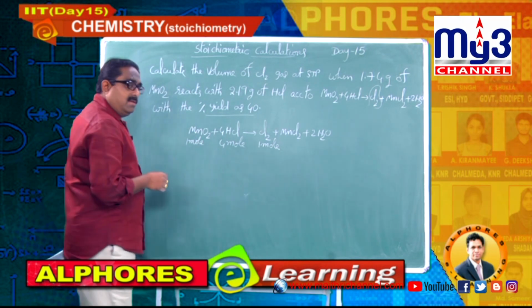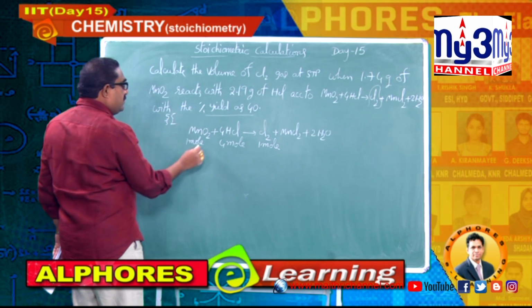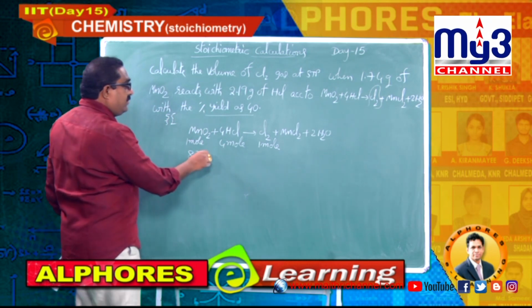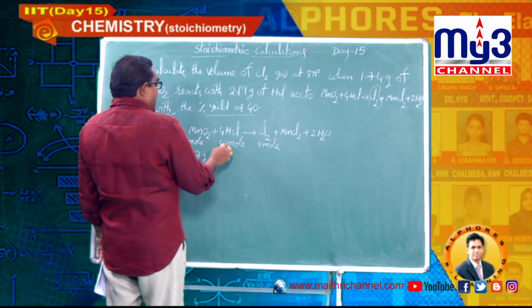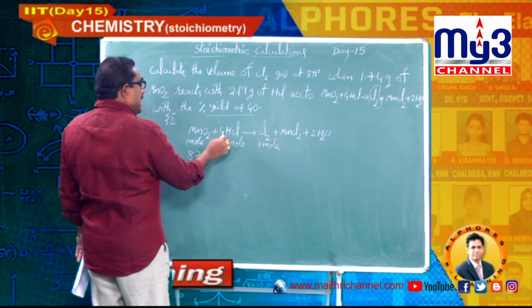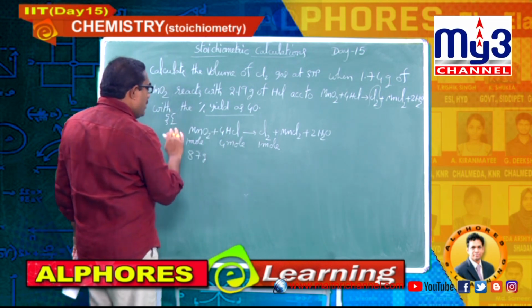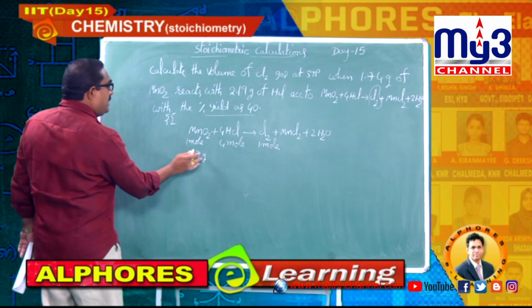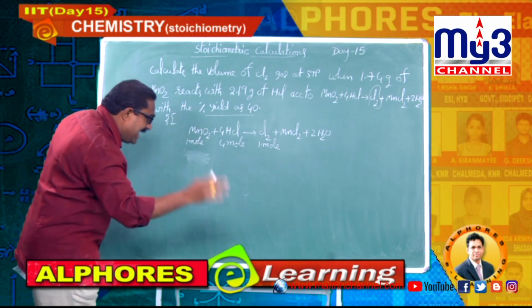Manganese dioxide molar mass: manganese 55, oxygen 32, so 87 grams. I will convert into moles first of all. He has given the molar mass of manganese dioxide, I got as 87.